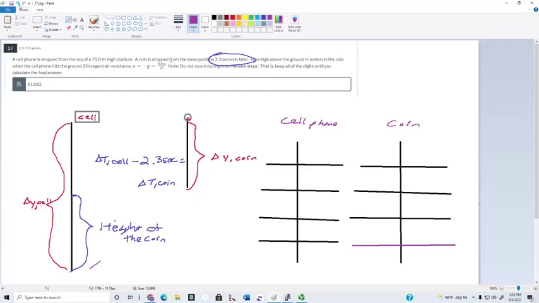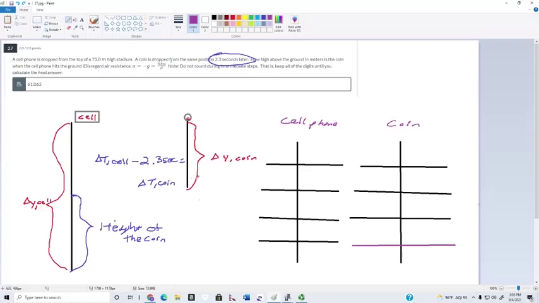But that's what you're going to do. Now, once you have this delta t of the coin, then you're going to figure out the delta y of that coin. In other words, how much displacement do you have during the time that coin has been falling?